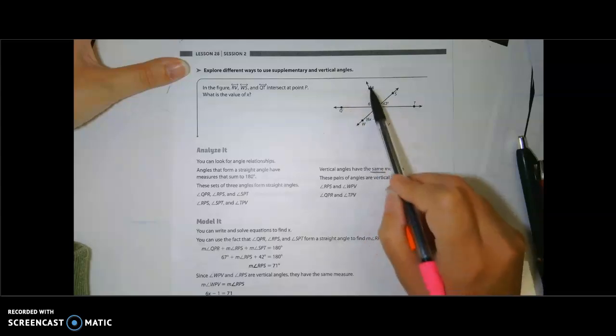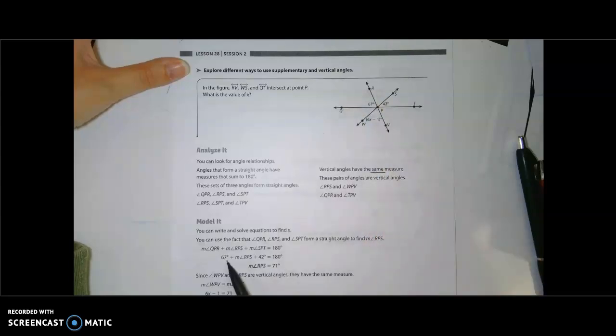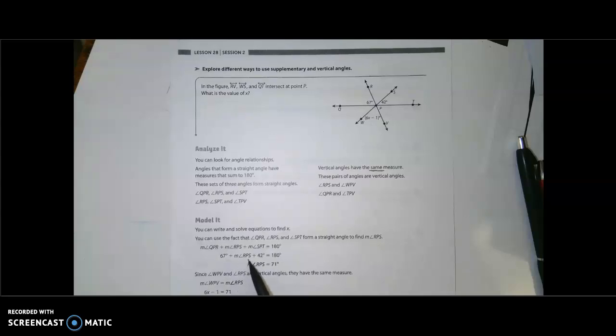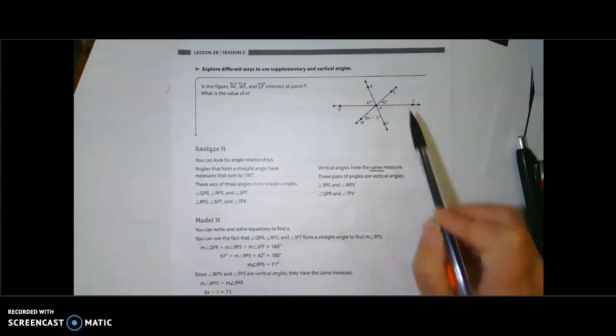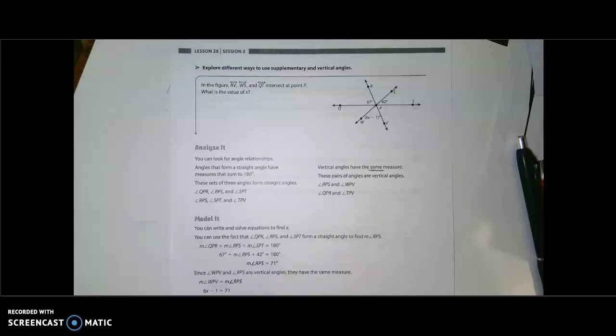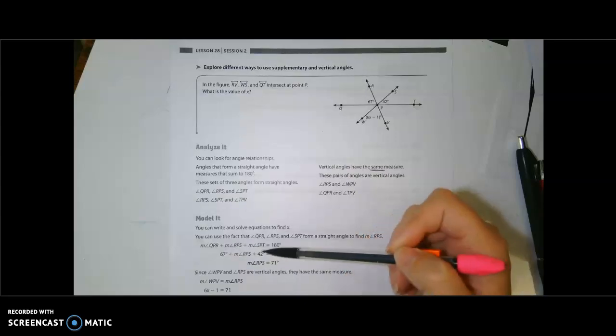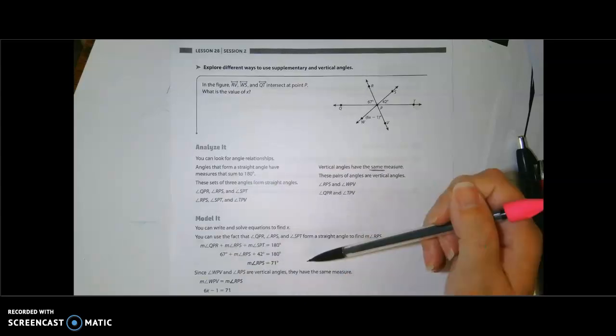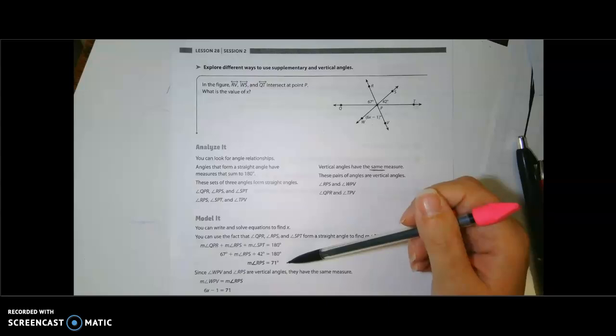Because I know QPR is 67, we replaced it with the 67. We do not have an angle measure for RPS, but we do know that SPT is 42 degrees. So I plug in for what I know. It is still equal to 180 degrees. Then they took 67 plus 42, subtracted that from 180, and got that the angle measure is now 71 degrees.